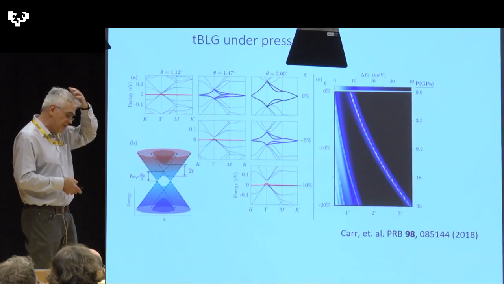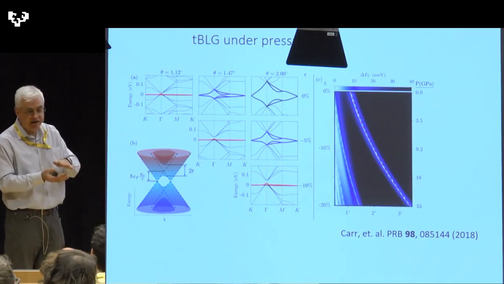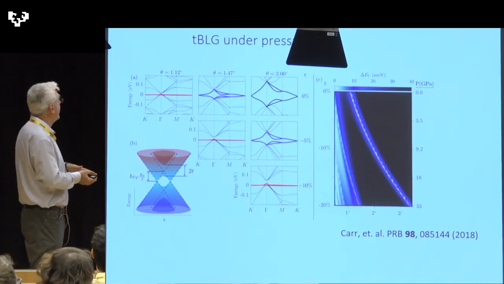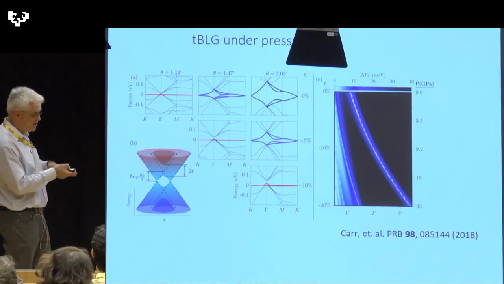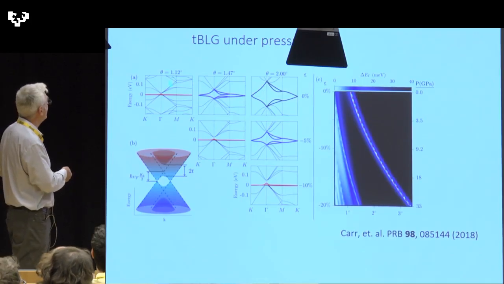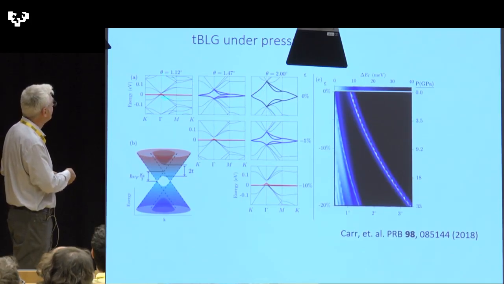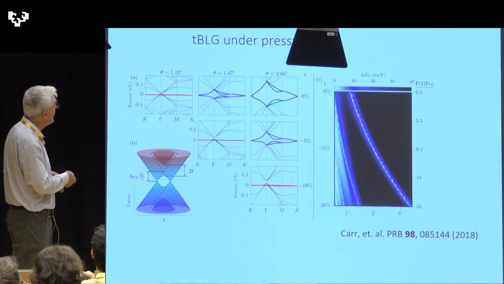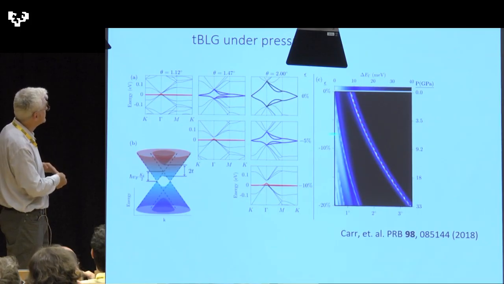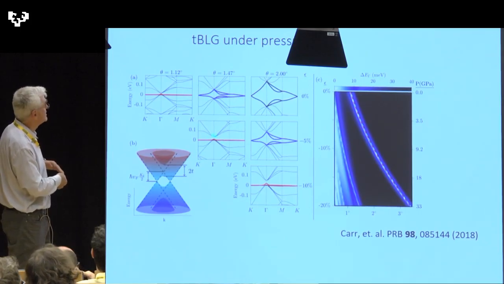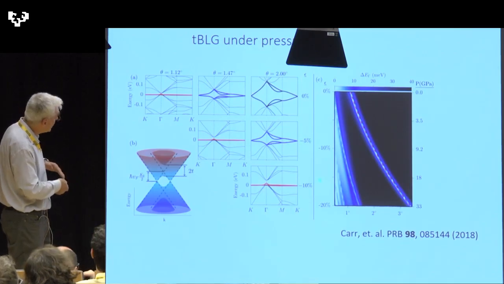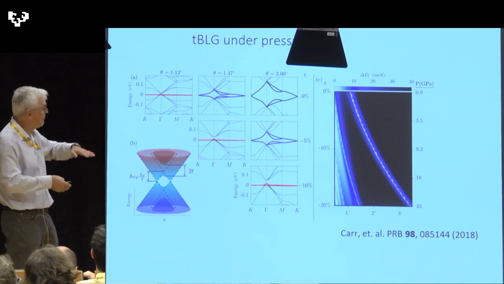Now, one thing that we realized early on is the interlayer coupling plays a big role, and you can control it by pressure. For example, at 1.12 degrees, you have fairly flat bands. At 1.47 degrees, the bands are not that flat, but if you compress the two layers by 5%, the bands become again very flat. At 2 degrees, the bands are not flat at all. At 5% compression, they become flatter, and at 10% compression, they become again very flat.